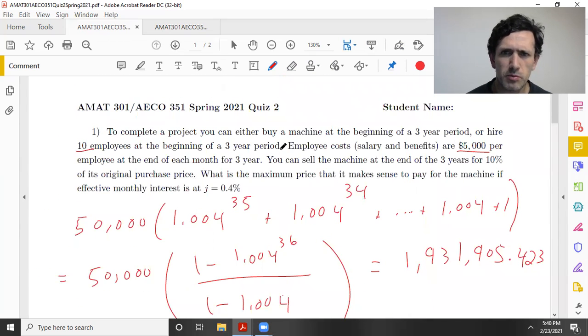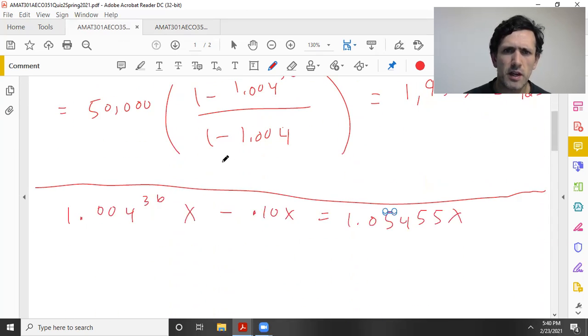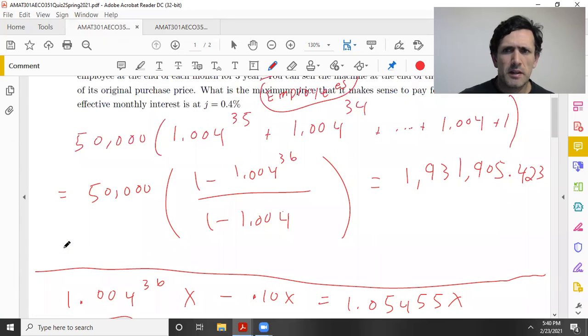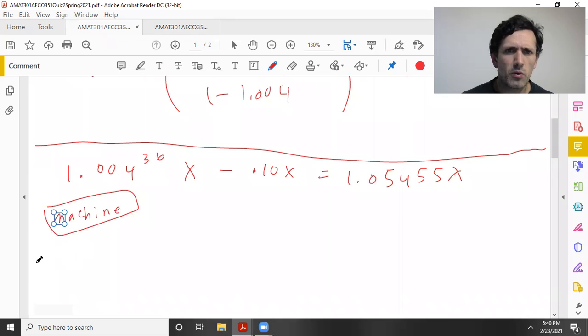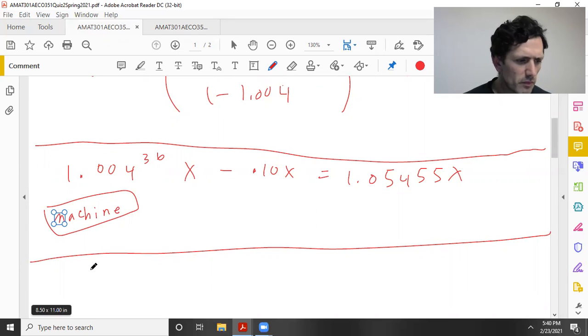And again, this is the employee cost, and this is the machine. All right, so you set the two to be equal.